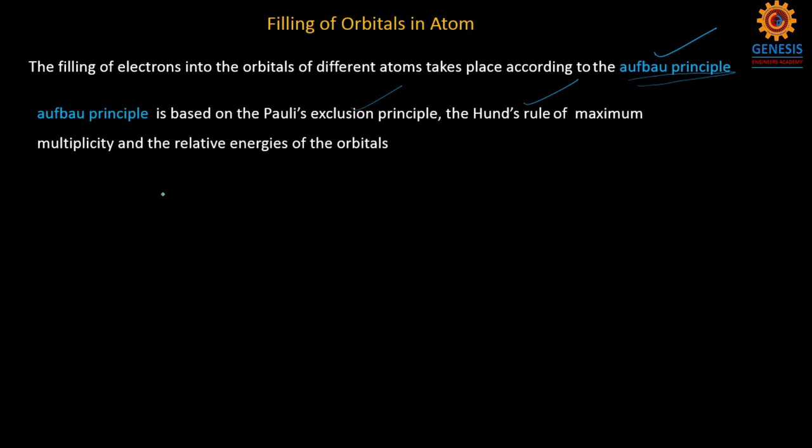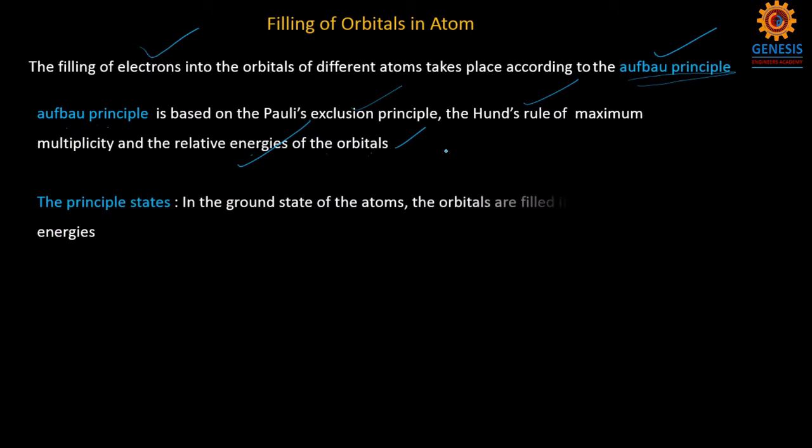This Aufbau principle is in turn based on Pauli's exclusion principle and Hund's rule, and also follows the relative energies of the orbitals. This principle states that in the ground state of atoms, the orbitals are filled in the order of their energies. So electrons have to be filled in orbitals based on the energy levels of the orbitals.